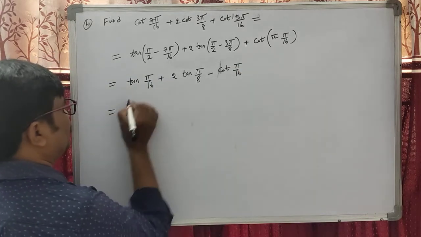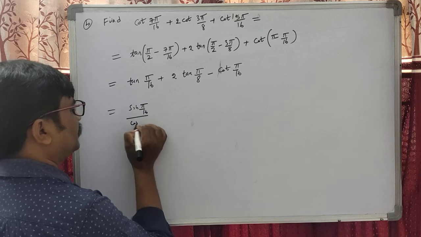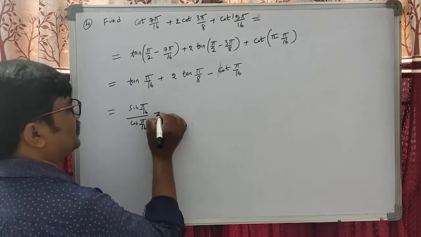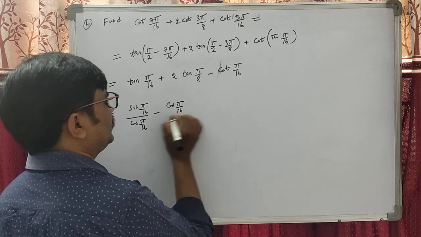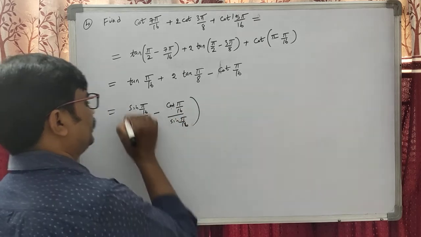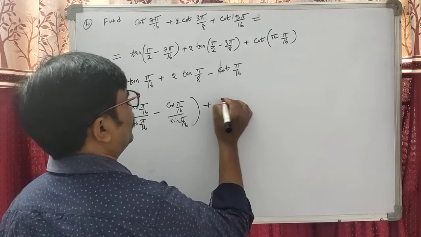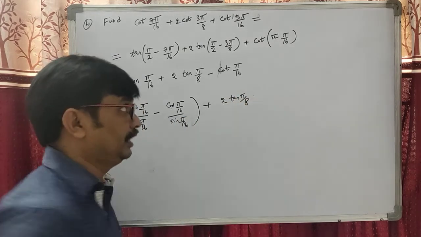Now this is sin pi by 16 by cos of pi by 16, plus cos of pi by 16 by minus sin of pi by 16. So students, the middle one is 2 tan pi by 8.